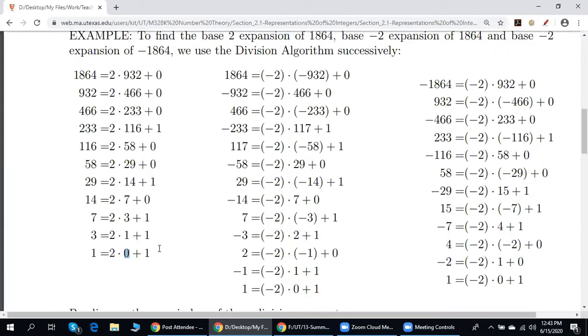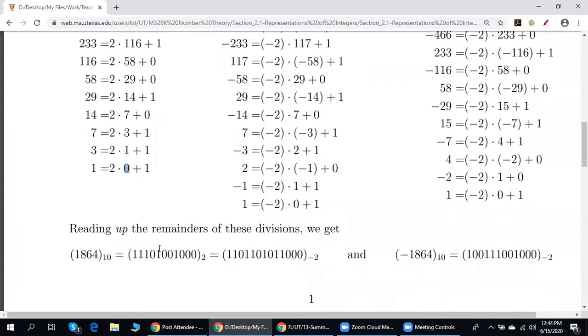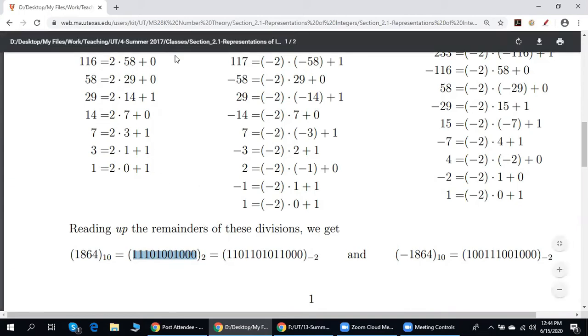Here's what we do next. We come up with these numbers by reading up the remainders. Note that here we start with 1, 1, 1.